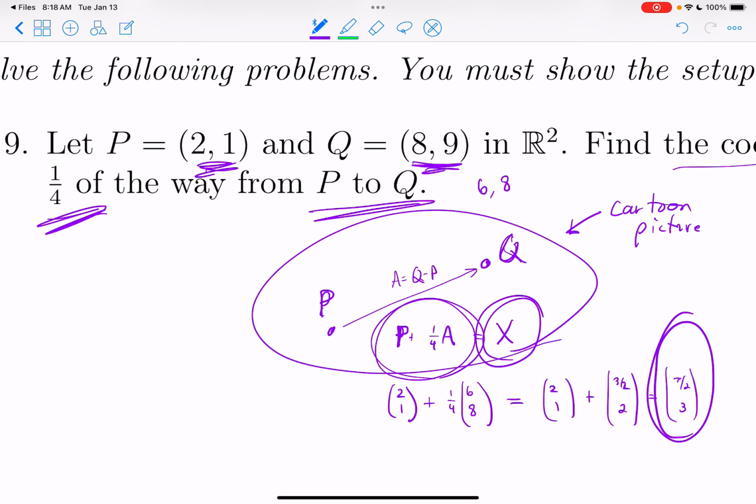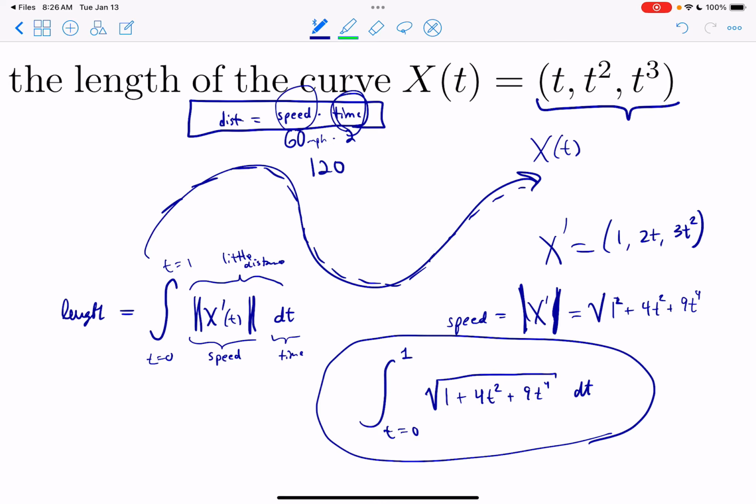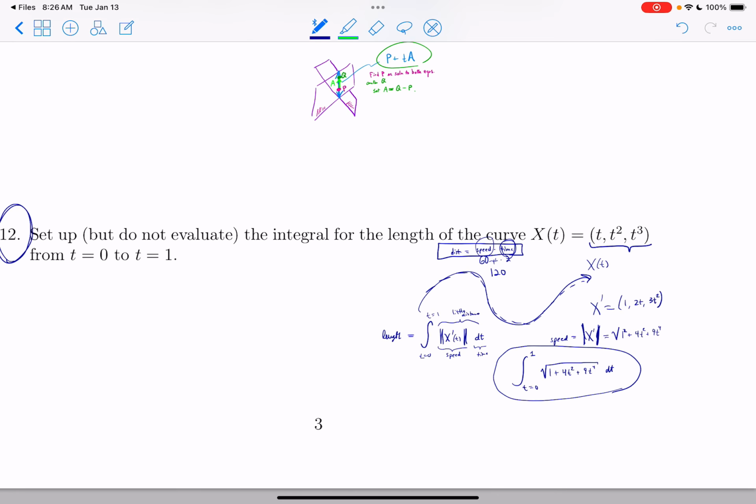Well, it's the square root of 1 squared plus (2t) squared plus (3t squared) squared. So my integral from t equals 0 to 1 of the square root of 1 plus 4t squared plus 9t to the 4th dt. Do not evaluate, just set up the integral. So a computer can approximate this for you, for example. And that's the length.